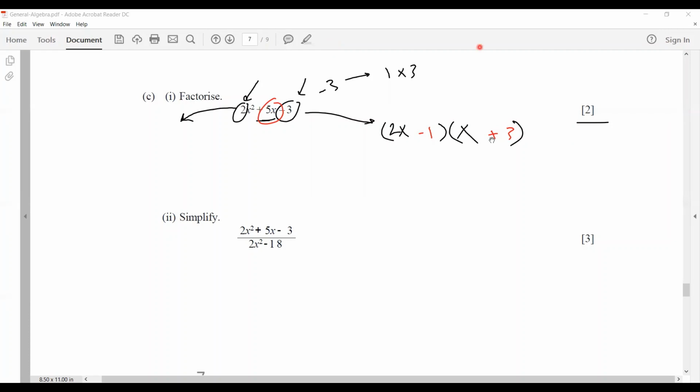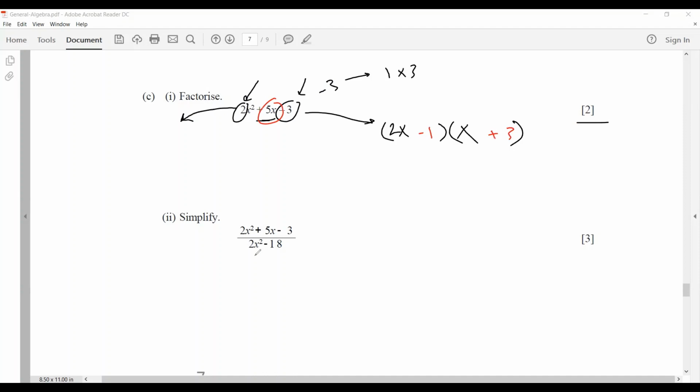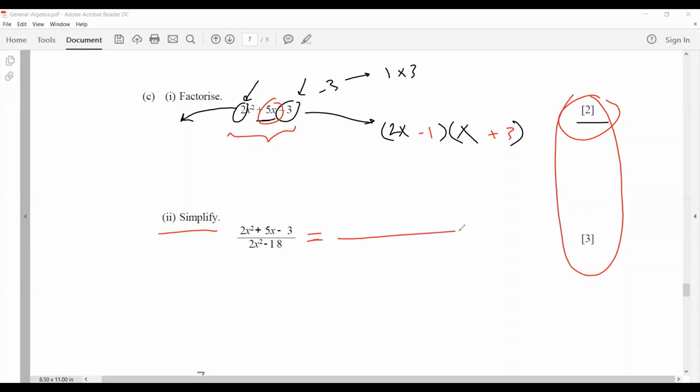Moving on to the next question, simplify this expression. So what I should do is, maybe I don't erase this too fast. This is the second part of this question. So if you couldn't solve this, you lose 5 marks, not just 2 marks, because you need to use what you have obtained in the first part and then replace it with this expression here.